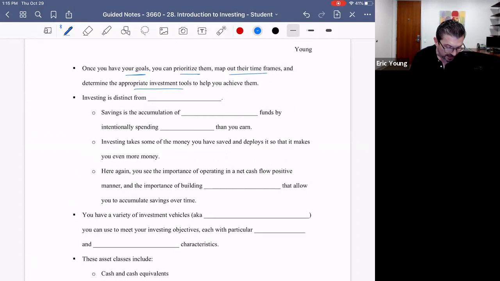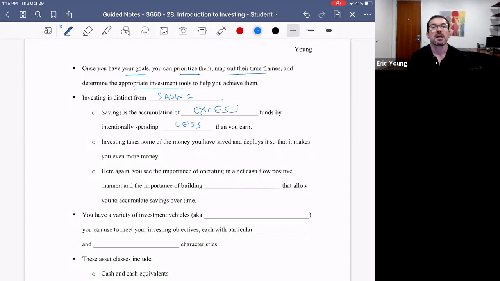I want to point out, in terms of straight definitions, that investing is distinct from saving, okay? Savings is the accumulation of excess funds by intentionally spending less than you earn, as I have harped into you guys over and over again, okay?